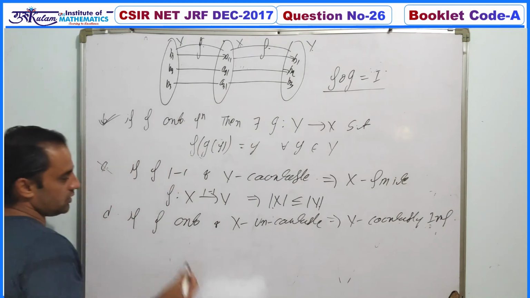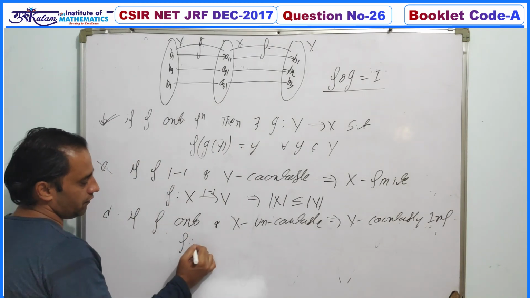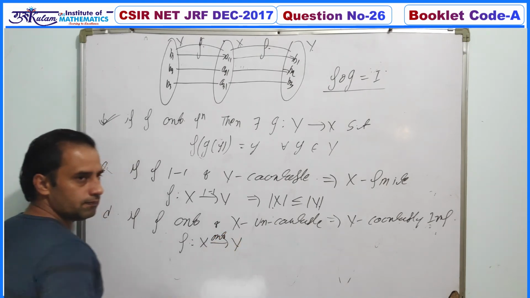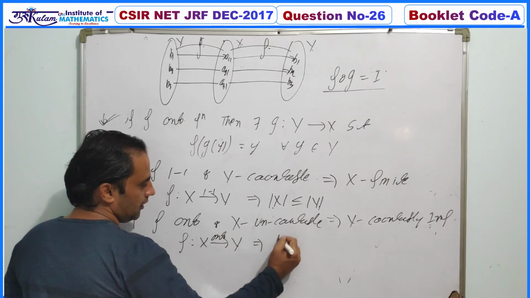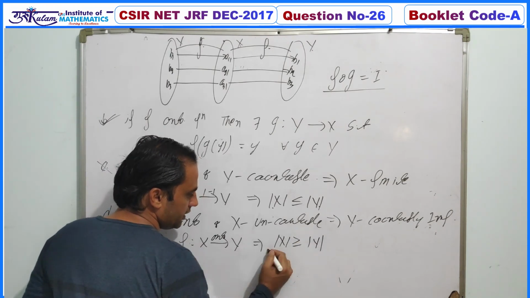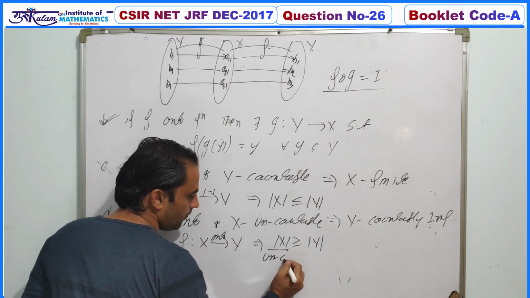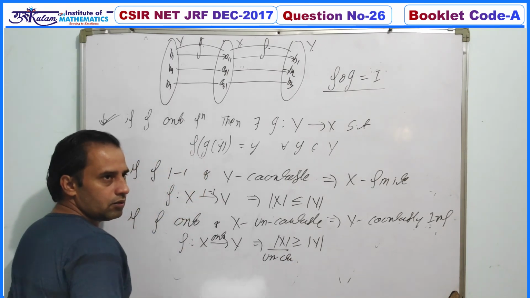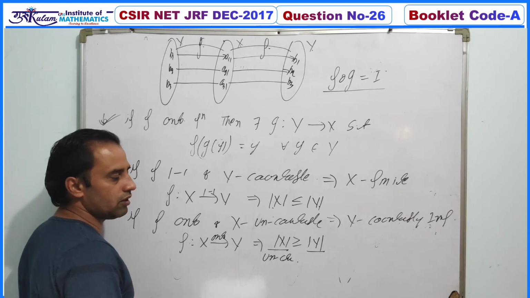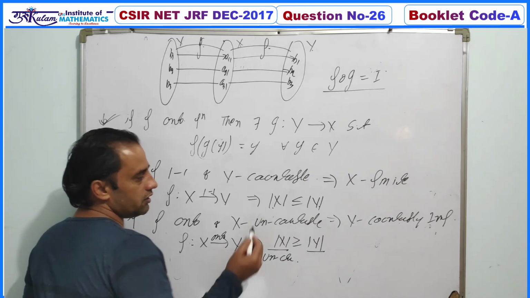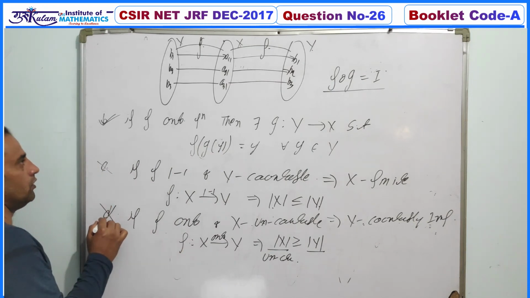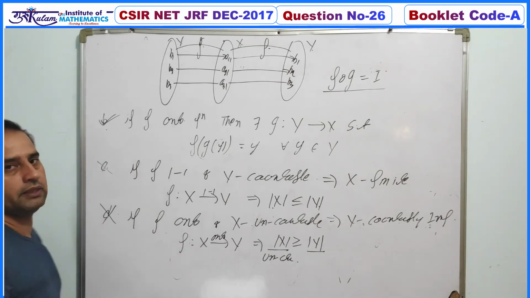So again, based on this given information, f which is defined from x to y is an onto function, so this implies the cardinality of x must be greater than or equal to the cardinality of y. This set is uncountable, so this y can be countable, can be finite, or can be uncountable. So this does not imply y is countably infinite. So the D option is also false. So your final answer must be the B answer.